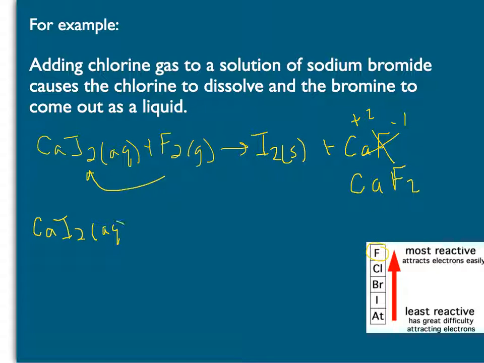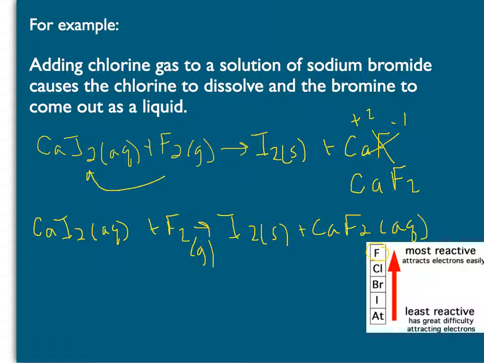CaI2 aqueous plus F2 goes to I2 solid plus CaF2 aqueous. Okay, now we need to look to balance it. There's one calcium on each side, two iodines and two iodines, two fluorines on each side, so it's already balanced.